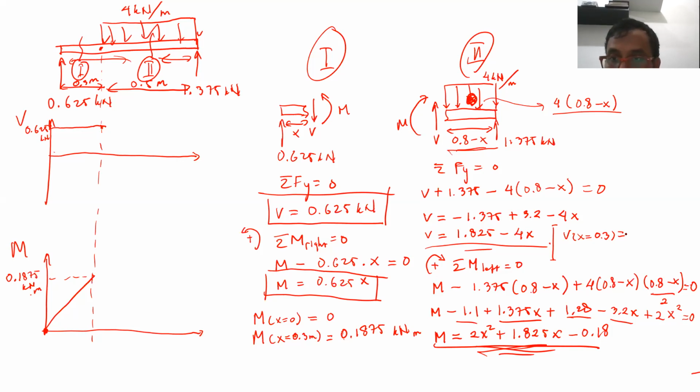This one, the value is 0.625 kilonewton, the same as this one. So there will be no change at that particular point.